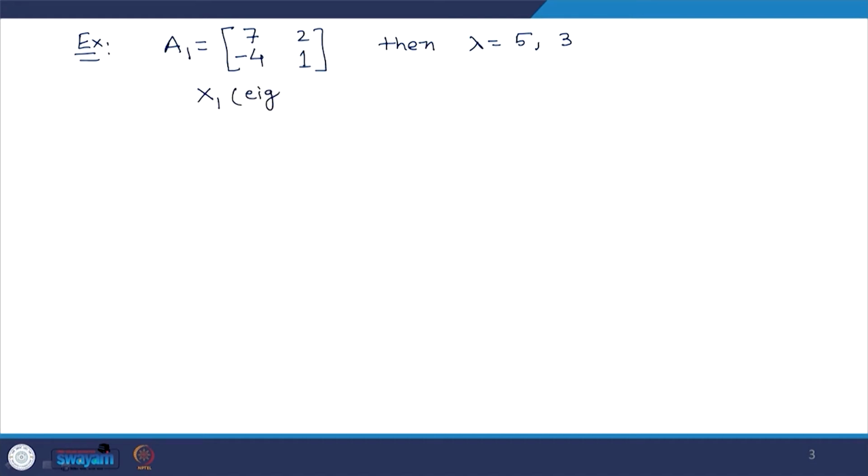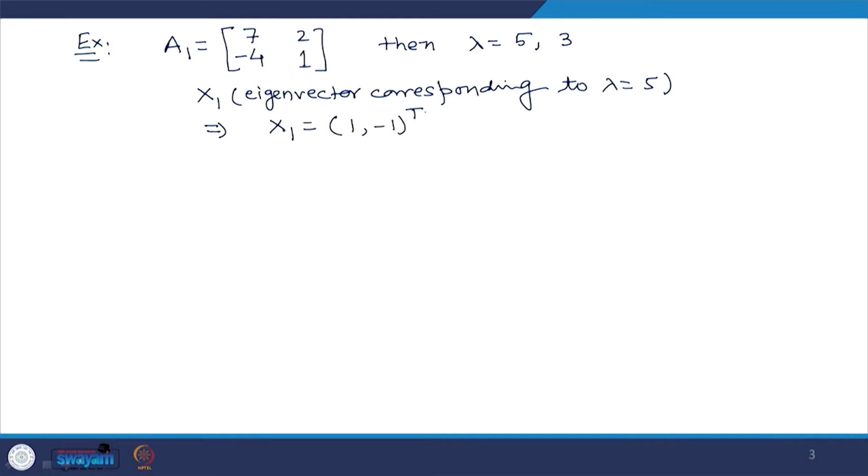Now, the eigenvector corresponding to lambda equals 5, I am saying x1, comes out to be (1, minus 1) transpose.